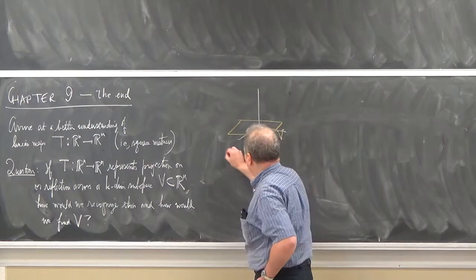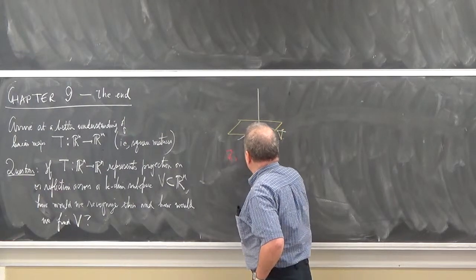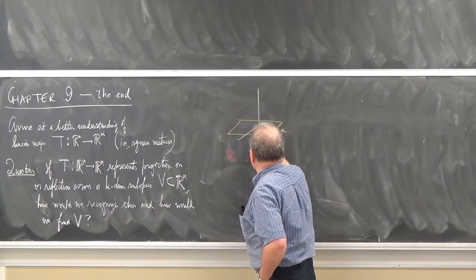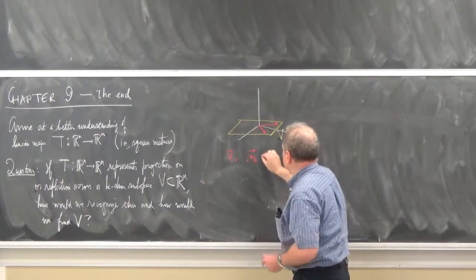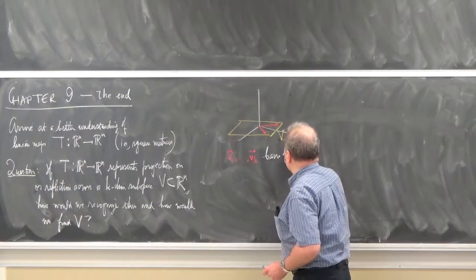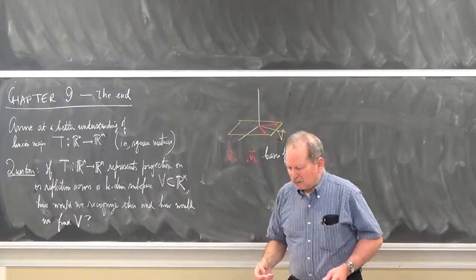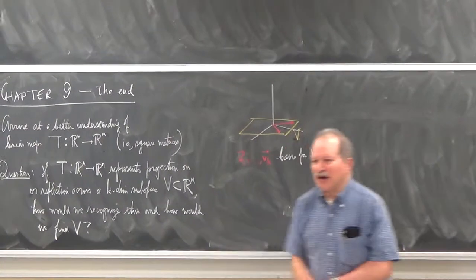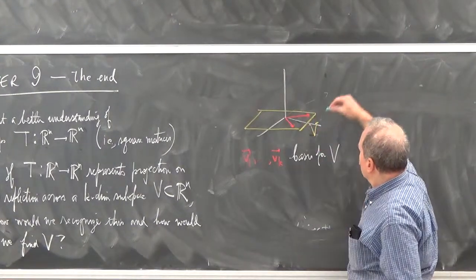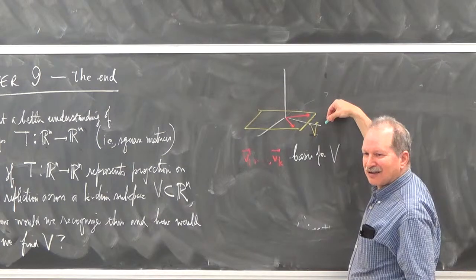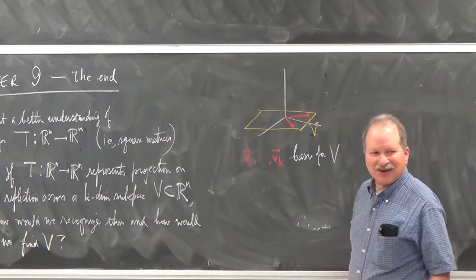Okay, so start off with v1 to vk. They give you a basis for your subspace. Well, do I want to do it in any random way? If I took a random vector like this and I projected, that's not very helpful.